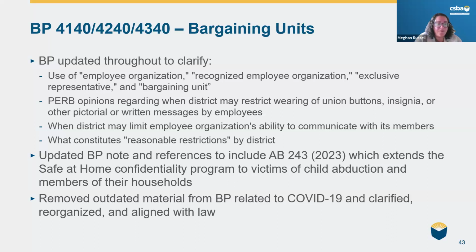And then this type of protection has been extended by AB 243 to victims of child abduction and members of their households as well. So we added that to the note in the board policy.